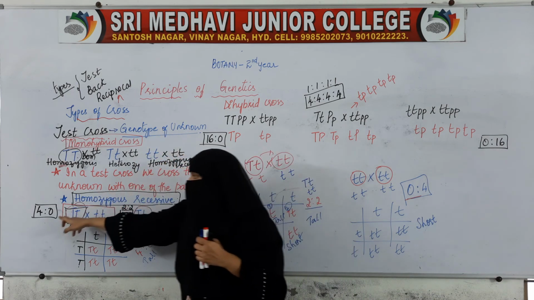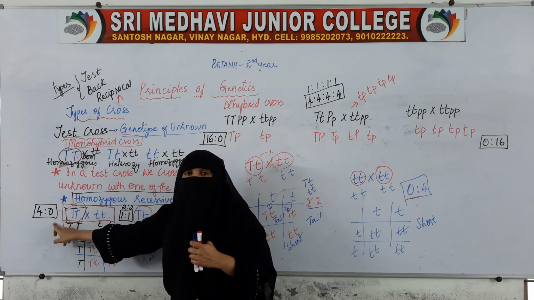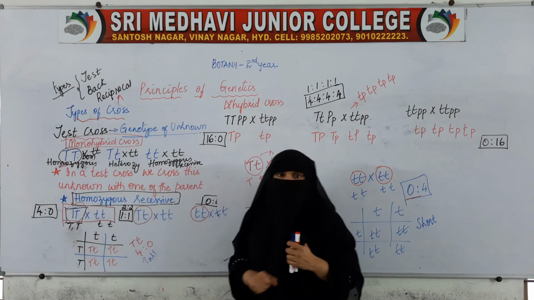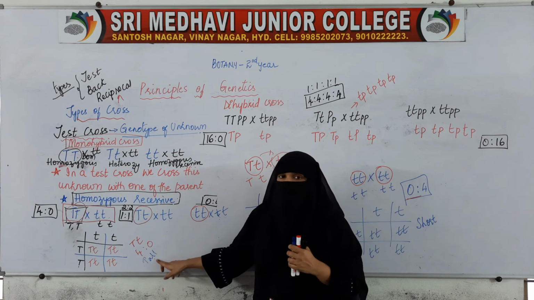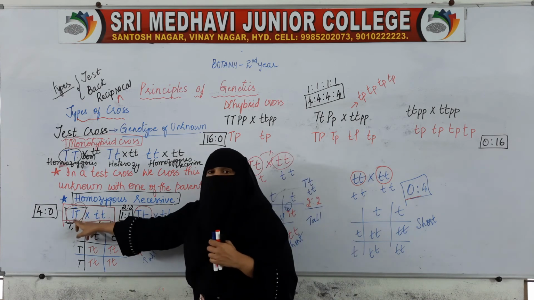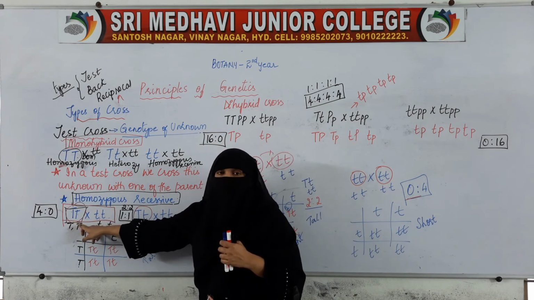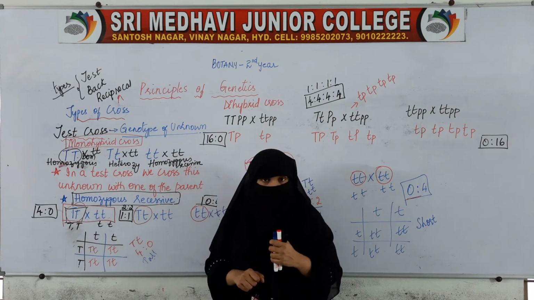So if we get the ratio as 4:0, then the genotype will be capital T, capital T. The genotype will be homozygous dominant.